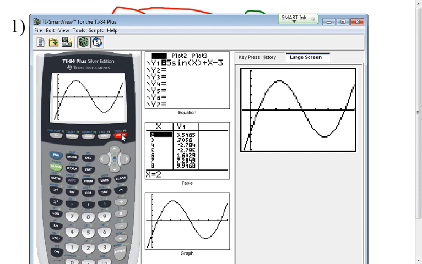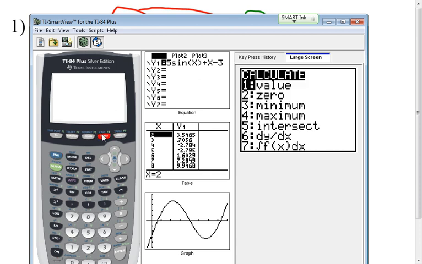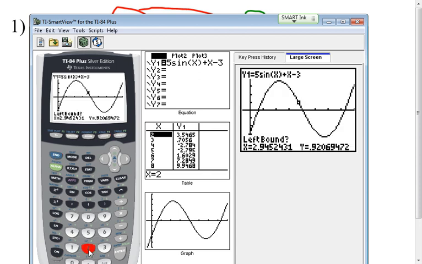Okay? When you've done it this way, you're going to go second trace again, and you're going to use number 2, which is zero, and I know you did this back in Algebra 2, so this should be familiar to you. I'm going to find this far left point over here first, and so I am going to use my cursor. Notice it's asking me for left bound.